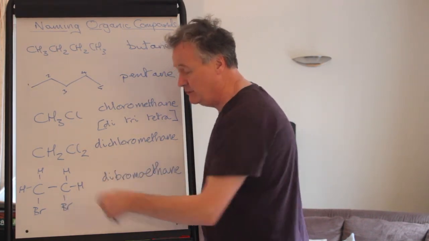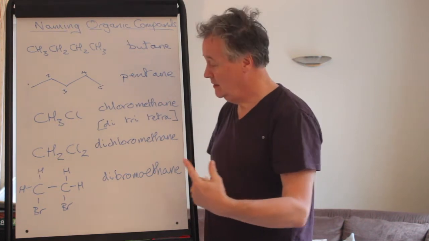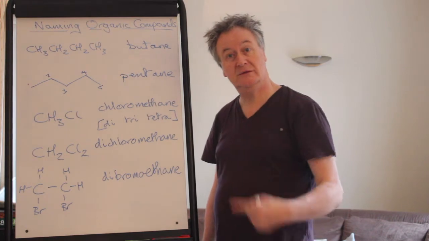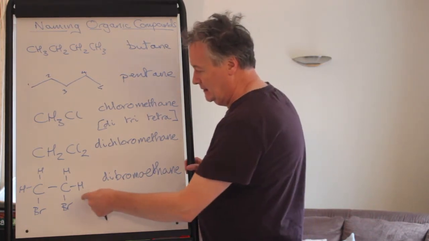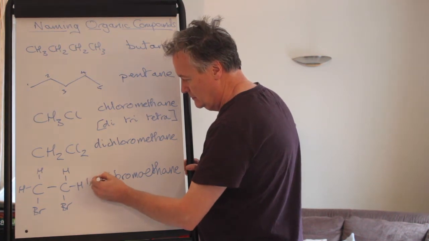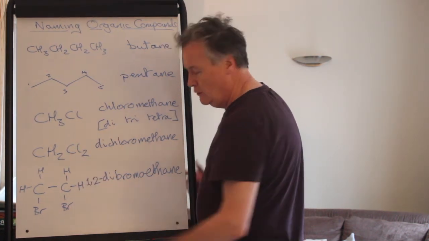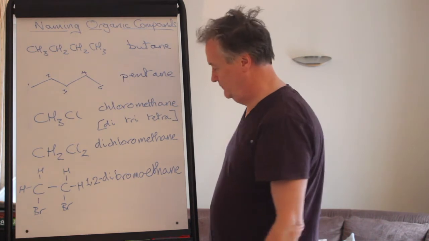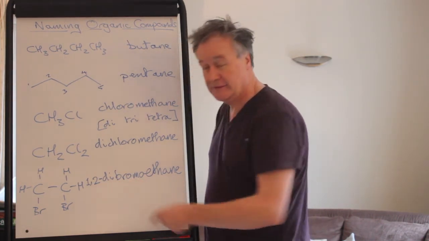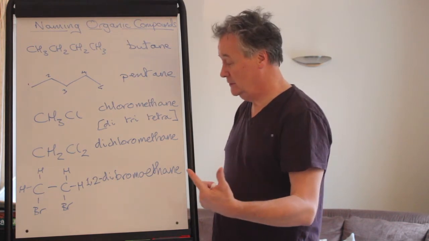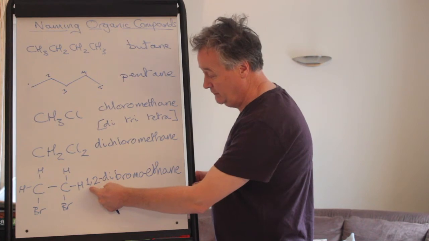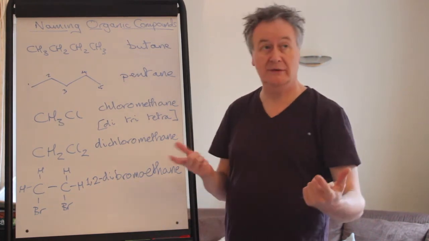Because you could have had them both on one of the carbons and not one on each, or you could have what you've got here, which is 1 on each. So that means 1,2 hyphen dibromoethane. There's a little bit run out of space there, but it's 1,2 hyphen dibromoethane. That tells you that there's 1 on the first carbon, 1 on the second carbon, or 1 on each.